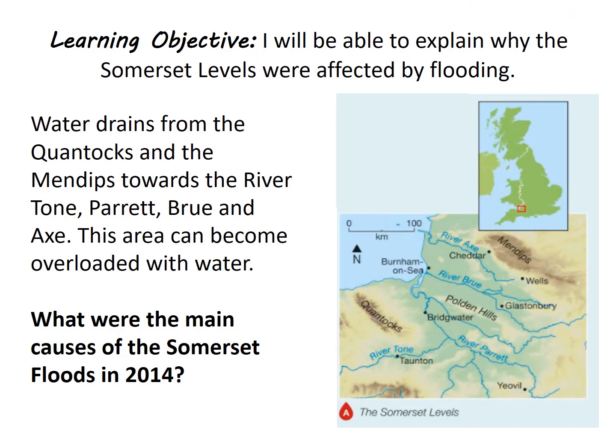Okay, so the Somerset Levels are prone to flooding because of a number of different reasons. The first being that the Somerset Levels border onto two particularly hilly areas.